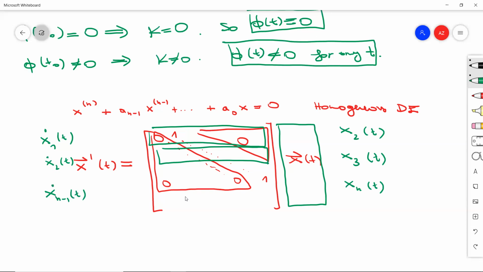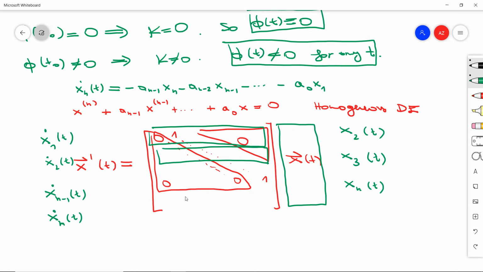While in the last row, we have to include our differential equation, which is xn prime of t equals. As we did at the beginning of the first hour, we express xn prime of t out of this differential equation. So it is minus an minus 1 xn, minus an minus 2 xn minus 1, and so on, minus a0 x1.